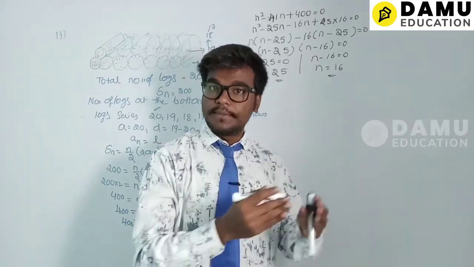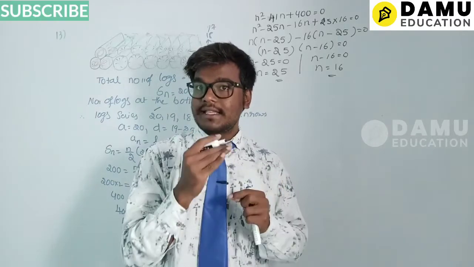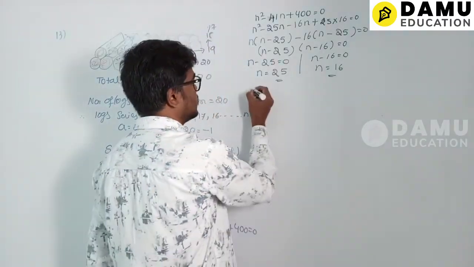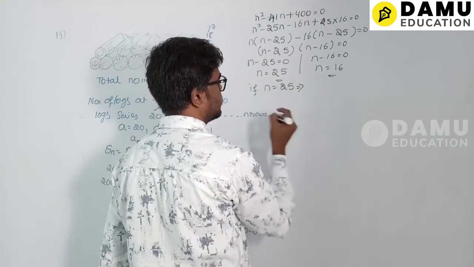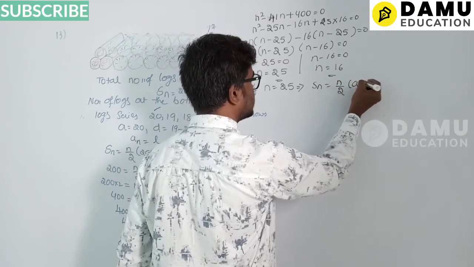Let's substitute the values and calculate l, the number of logs in the last row, then we can find which one is correct. If n is equal to 25, that implies Sn is n by 2 into a plus l.